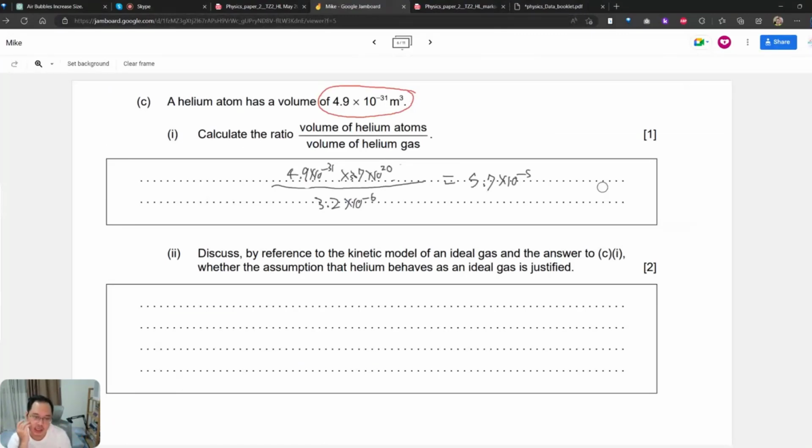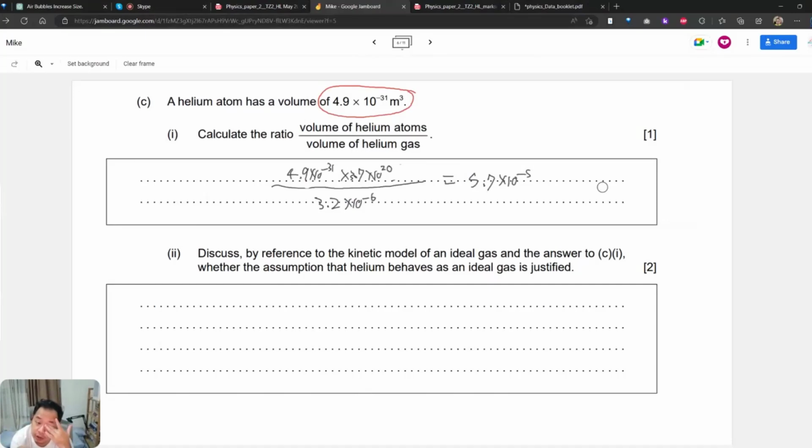It means that the total volume of the atoms, 3.7 times 10 to the 20 atoms, is very small compared to the entire volume occupied by the gas, which means there's a lot of space between these molecules. Meaning the molecules are very far away from each other. The density is very low. This ratio means that.